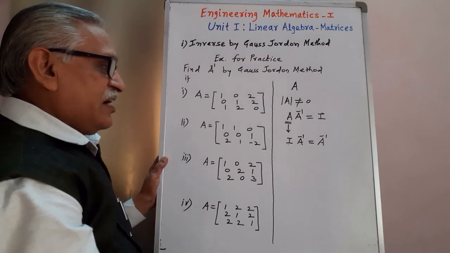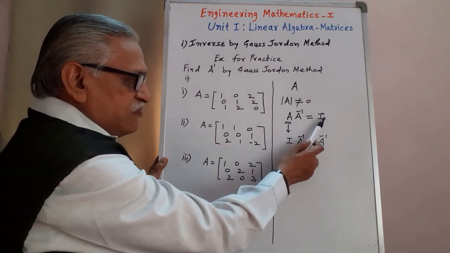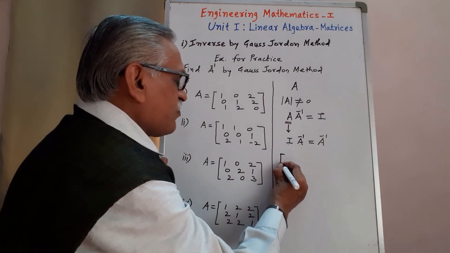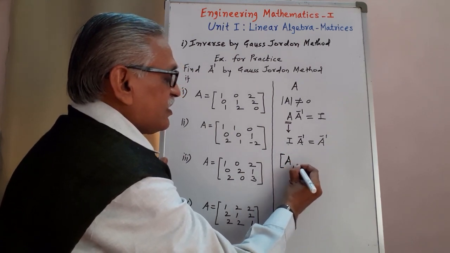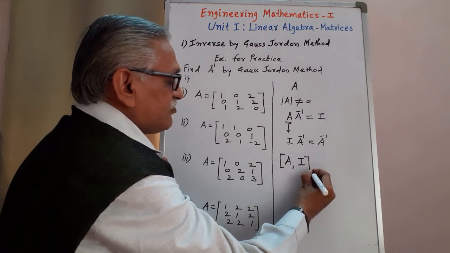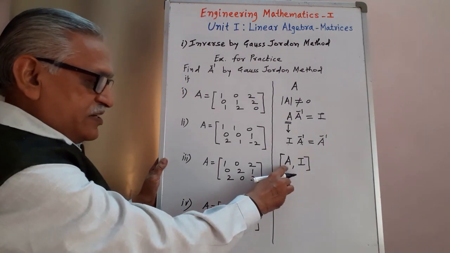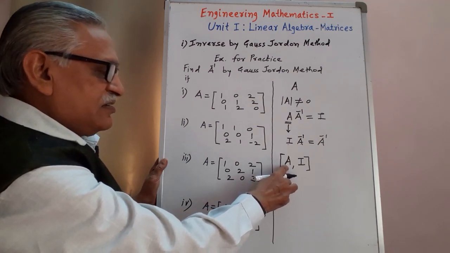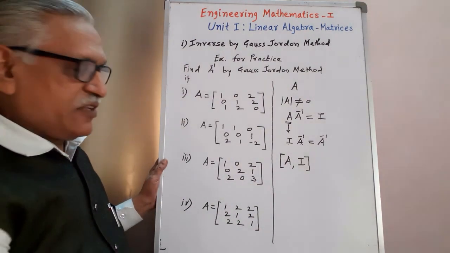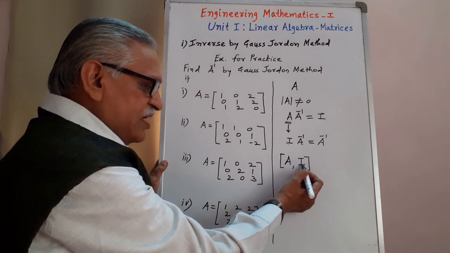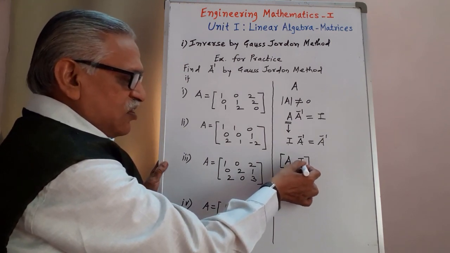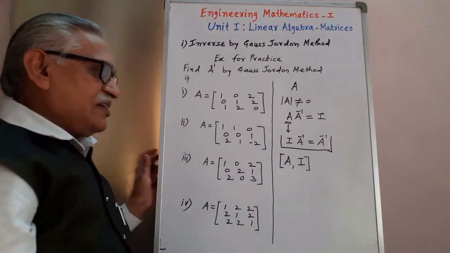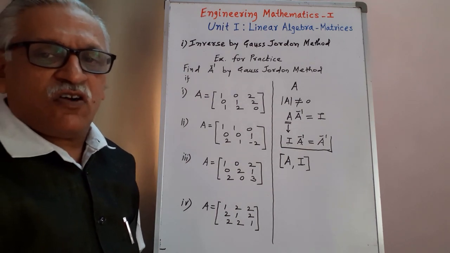Whatever row transformation we apply, the same we apply on the matrix I. For that, we take a combination of matrix A and matrix I. We try to convert matrix A to the identity matrix by applying elementary row transformations, and the same transformations we apply on the identity matrix of the same order, thereby getting this. In this way, we can obtain the inverse.